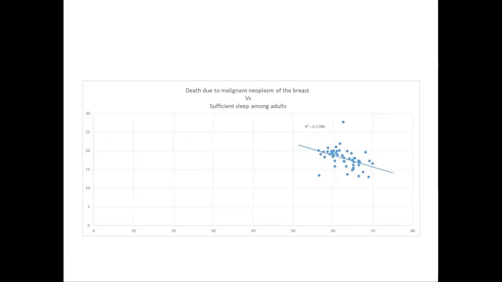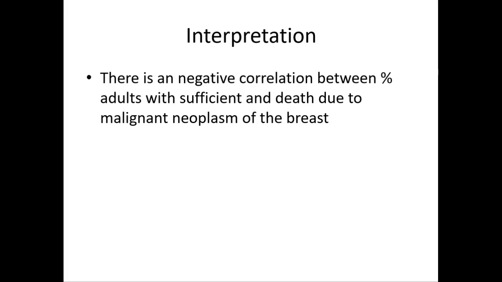And then we want to go back and look at our graph again, and for the second part of the interpretation, we would say in states with a higher rate of adults who get sufficient sleep, there is a lower rate of death due to malignant neoplasm of the breast.